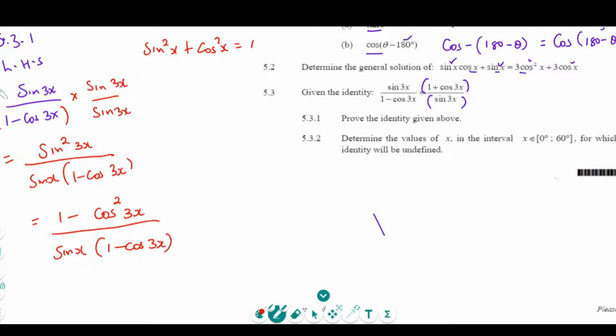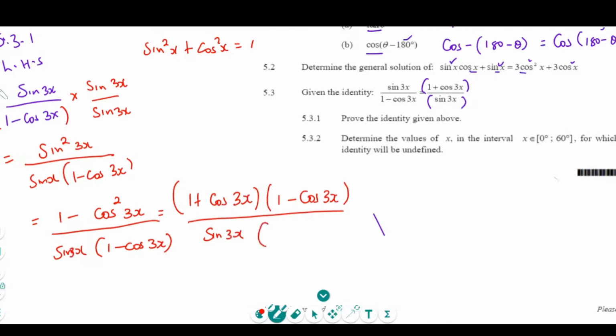Then I know that 1 minus cos squared is a difference of two squares: 1 plus cos 3x, and then 1 minus cos 3x, divided by sine 3x into 1 minus cos 3x.